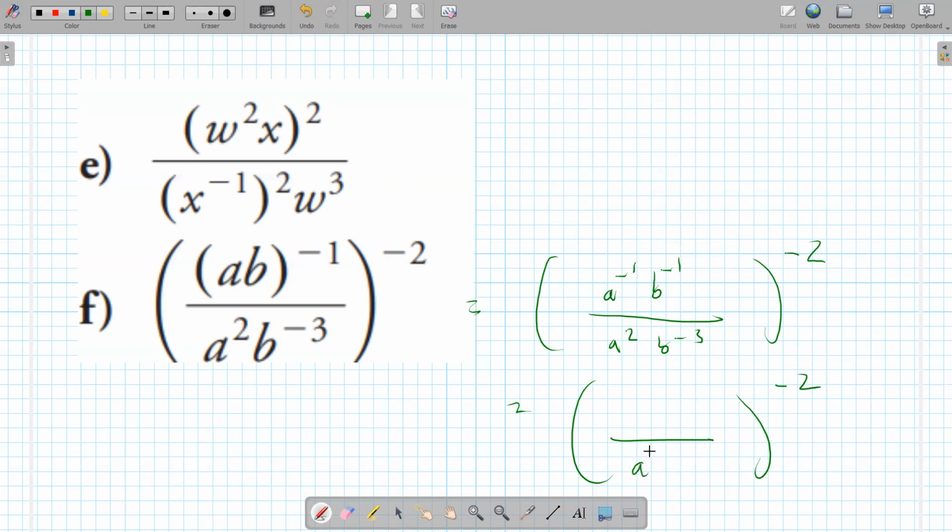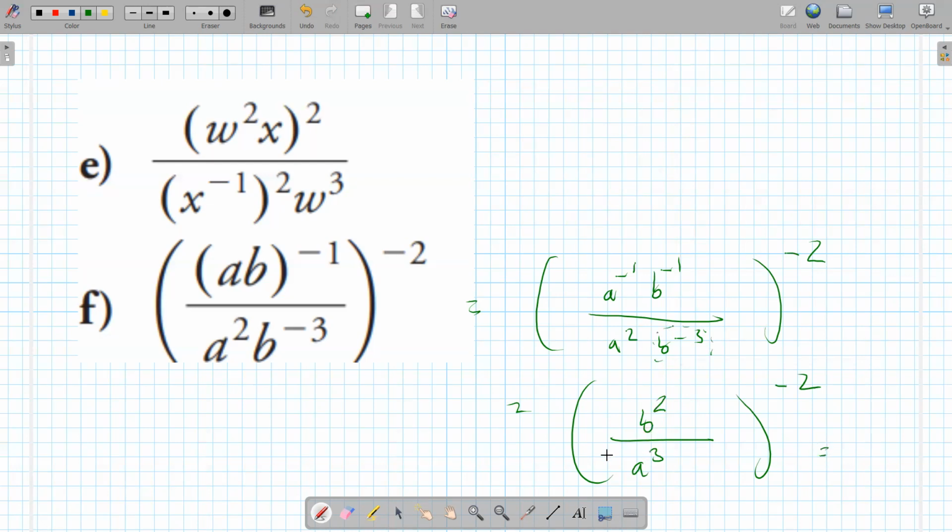A to the power of what? 3. B to the -1, B to the -3. Which one? Well, you're gonna bring this up, yeah? What does that give if you bring that up? B squared. B squared.